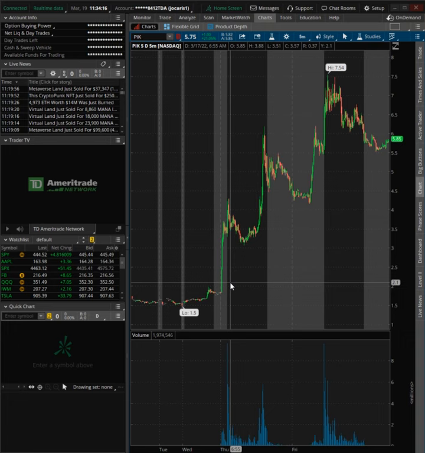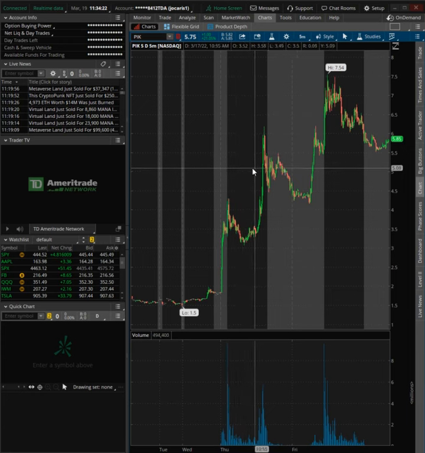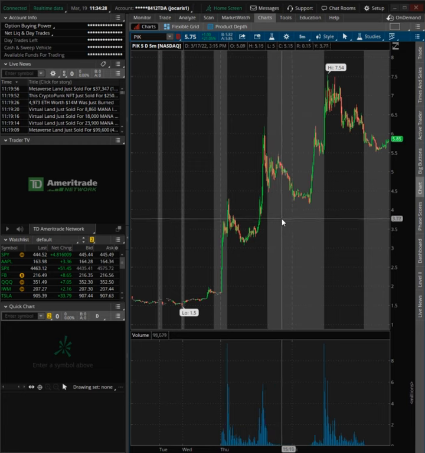This area where I have my cursor is the normal trading time. The gray time here is pre-market. This area here that I'm in is after hours. You can also tell by the bottom of the screen, which gives you the date. So you're looking at Wednesday's information, Thursday's information, and then Friday's information.